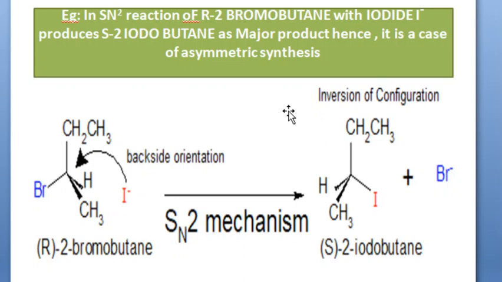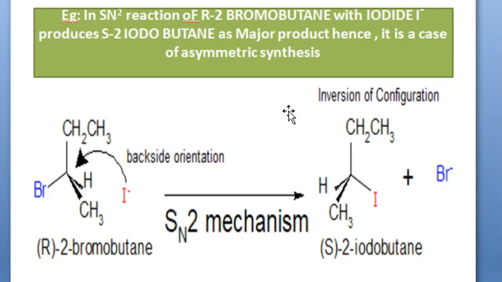So from that you can say that a pentavalent intermediate is formed. Sorry, your nucleophile attacks from the backside of the molecule, and a pentavalent intermediate is formed, and that converts into S-2-iodobutane. So this is evidence for the SN2 mechanism, that the incoming nucleophile in this case is coming in the direction where the bromine is not present.